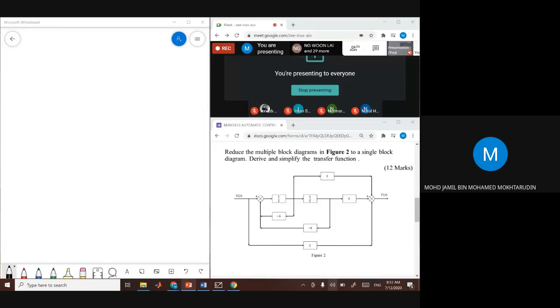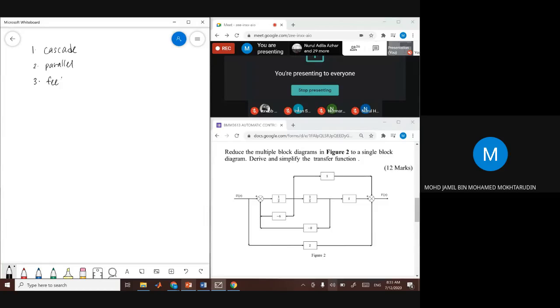So the first rule is you reduce the cascade first, and then followed by parallel. Then third one is feedback.